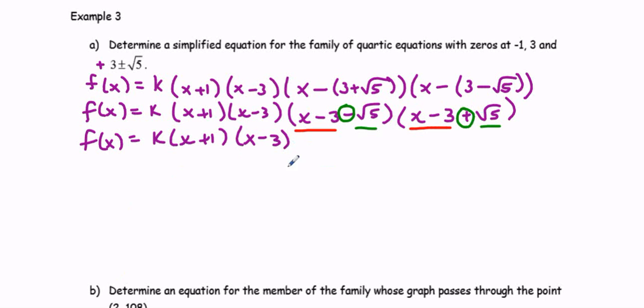This is kind of like the result of factoring a difference of squares. So if we consider this like an A and this a B, and this here, this x minus 3 an A, and this is a B, we've got really A plus B and A minus B here.